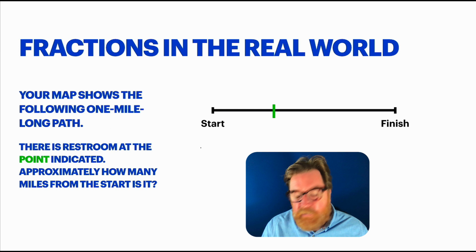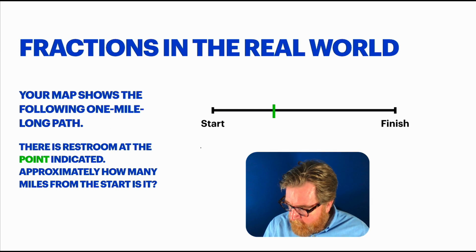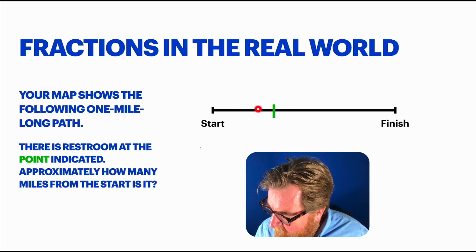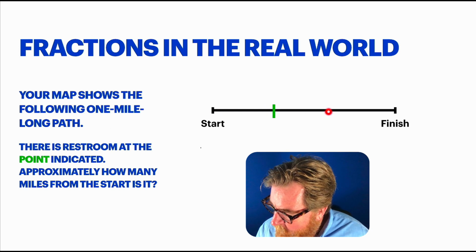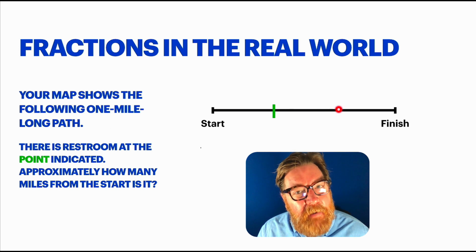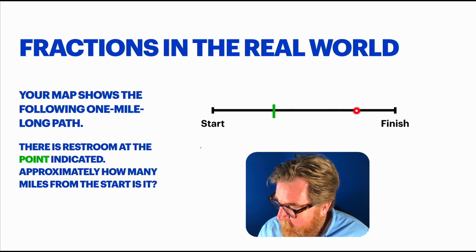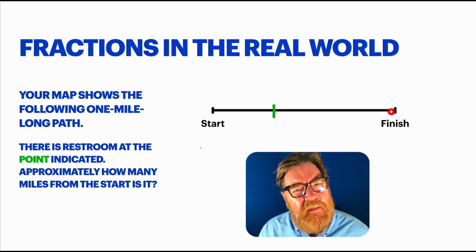So let's just use our own ideas. I want you to notice something. Take a look at this. If that distance right there, if I made another one of them, it would put us about there, wouldn't it? And then one more of them puts us right at the finish.